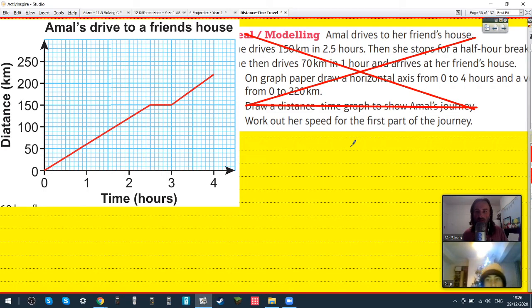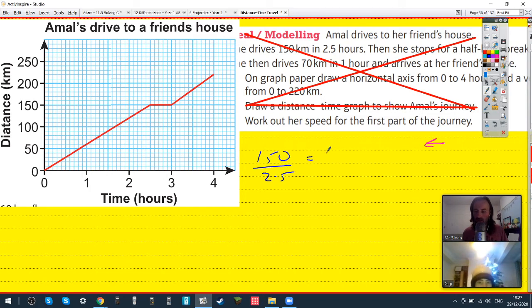Okay. Yeah. So then how about this one? Is it 60 kilometers per hour? 60, is it?